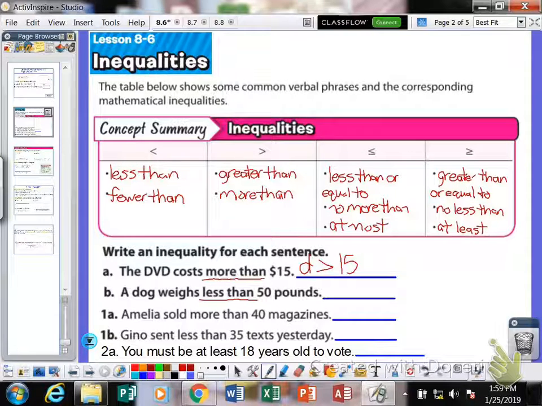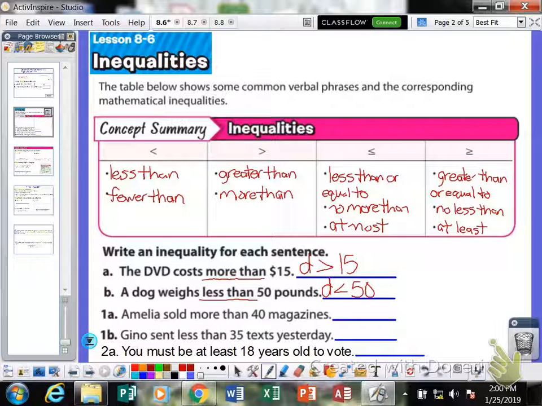We have less than, that tells us we'll be using our less than sign. Again, we're talking about dogs, so I'll just use the variable D, then we have our less than symbol, and 50 pounds. So D is less than 50.